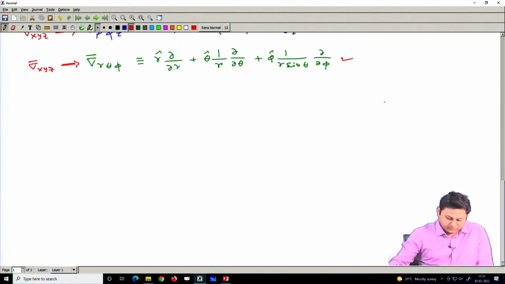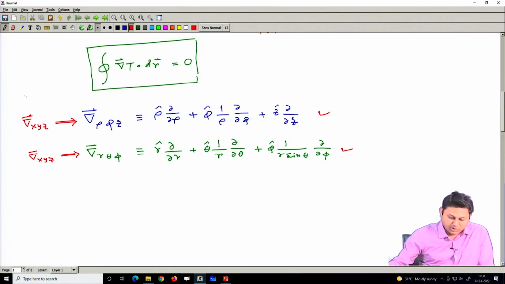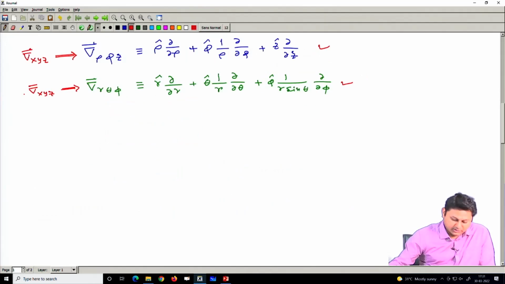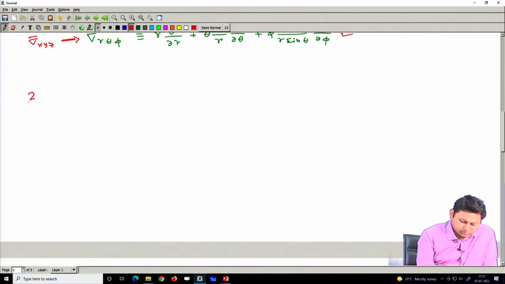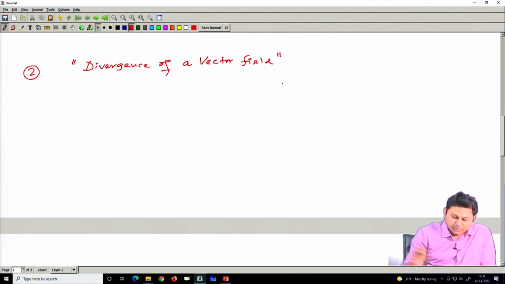After that, the next thing we learn is, this is 1 and this is 2. That is the divergence of a vector field. And what was that? How does it operate?